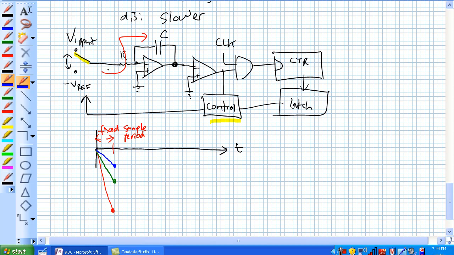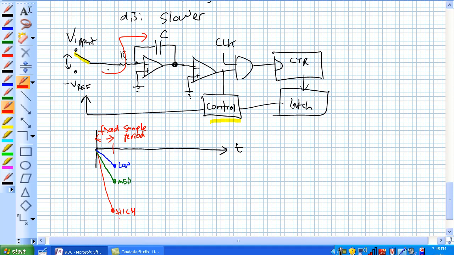Okay? So now the question is, when that control circuit says, okay, we have reached the fixed sample period and we've charged to low, medium, or high, which was proportional to our V input. It's really not V input. You wouldn't want these tremendous, I mean, say it's 480 volts here, but it's proportional to our input.